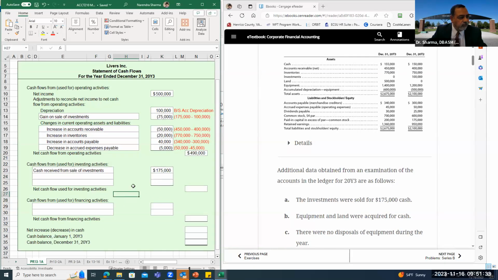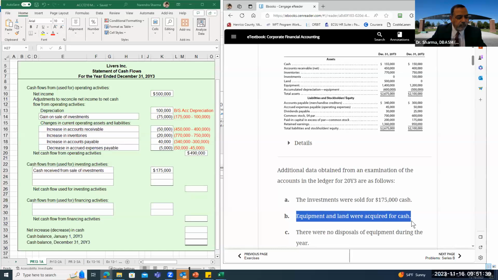Now, next is, of course, we are told that number B, equipment and land were acquired for cash. So if they were acquired for cash, then what we'll do is we will understand that we have purchased the land and equipment.